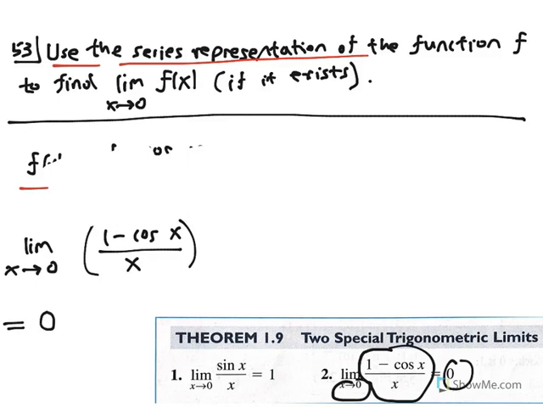And we will find that by doing it the way we're being asked to do it, using the series representation of the function f to find the same limit, and of course we'll get the same answer. You could even use L'Hopital's rule, and you will also get 0, so let's take a look at that as an alternative.